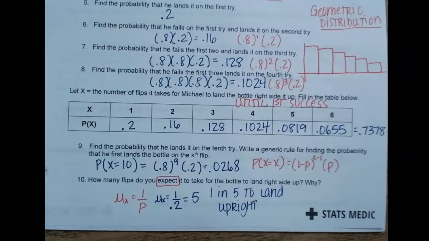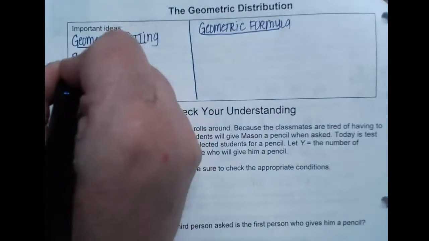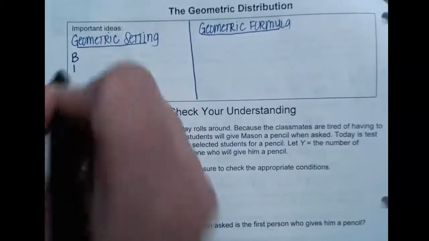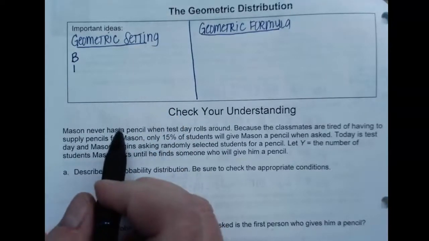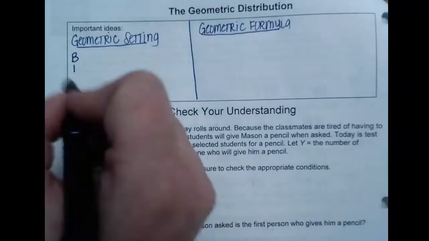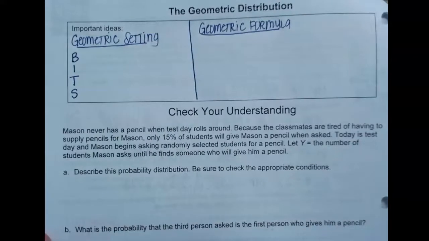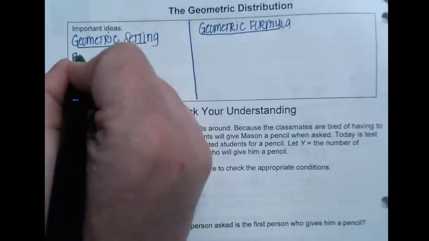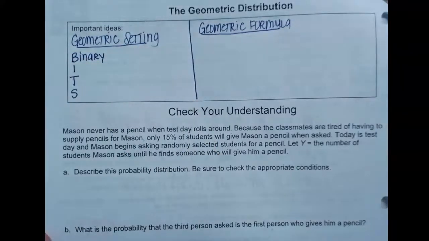Alright, so let's turn over to the back and summarize this. So just like our binomial setting, there are conditions that have to be met to be geometric. It's very similar to the binomial, but remember, in the binomial we had a set number of trials, and in the geometric we didn't. So this is actually called BITS instead of BINS. The B stands for binary. You have a success and you have a failure.